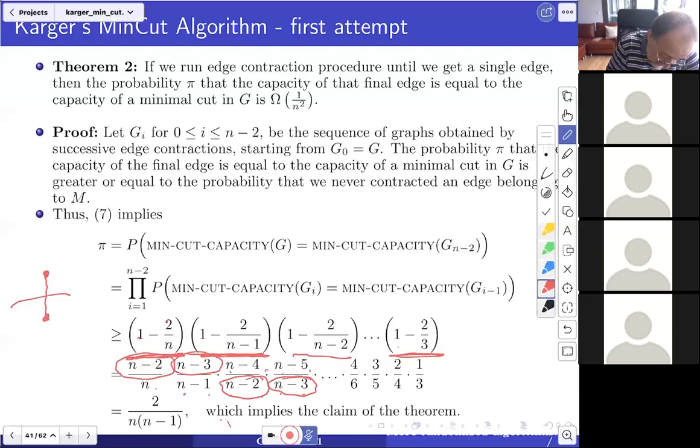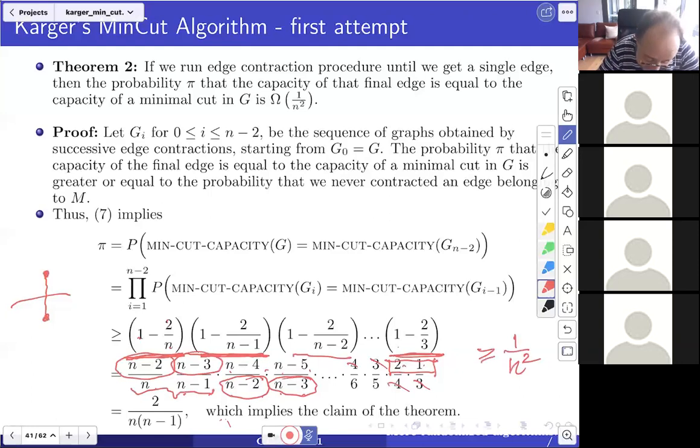At the very end, you will be left only with the last two numbers on top and the first two numbers on the bottom, because all of these will cancel out. So you get 2 times 1 is 2 divided by n times n minus 1, which implies the claim of the theorem. So the probability of not messing up things is larger or equal than 1 over n squared.